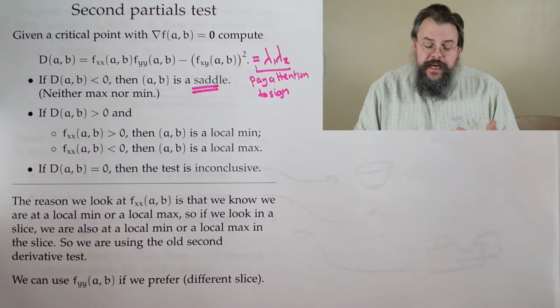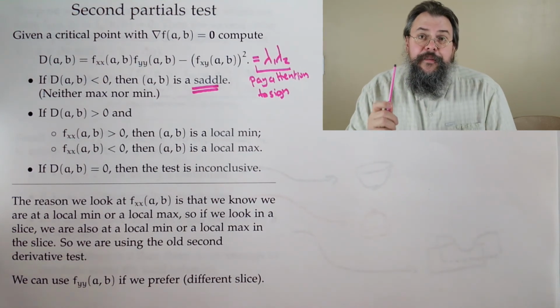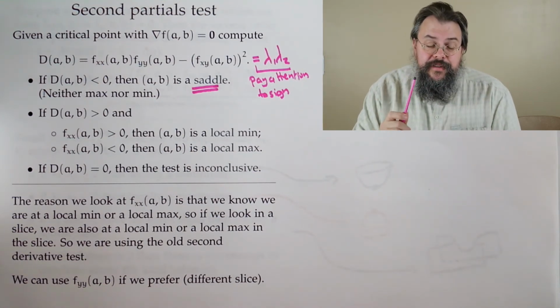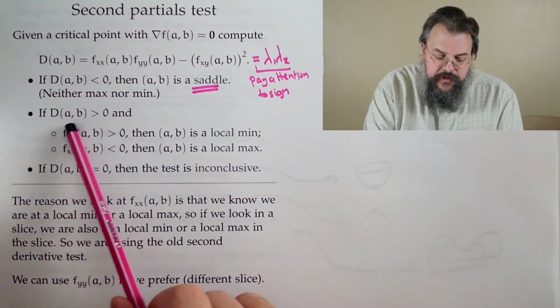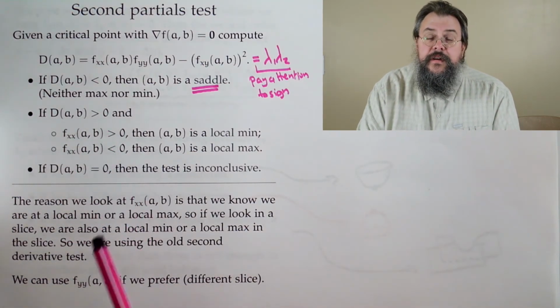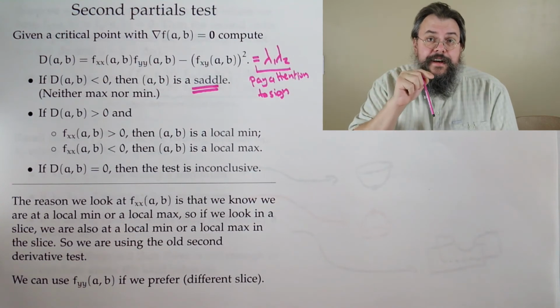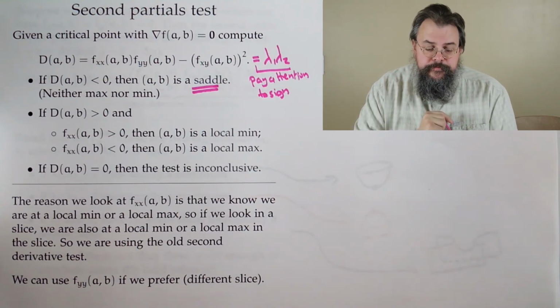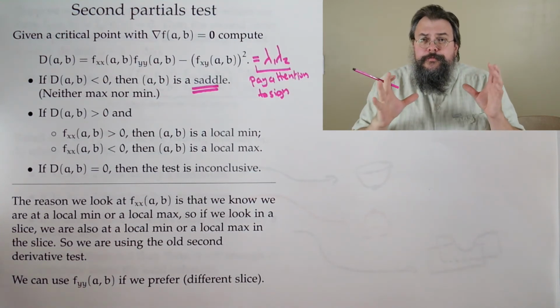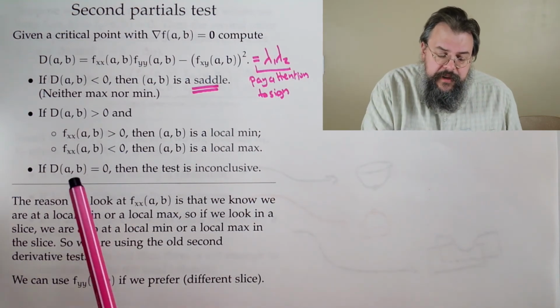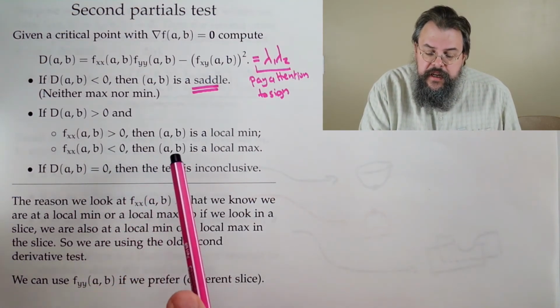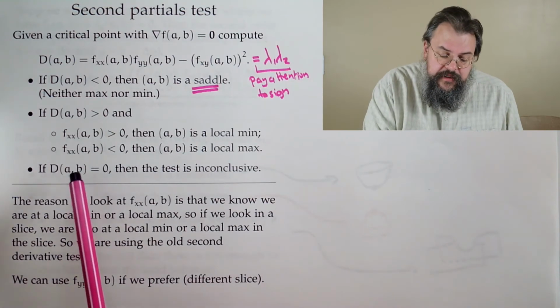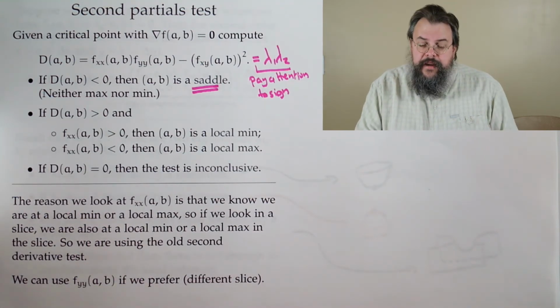The way we do that is we say, okay, if the result is positive, so in other words, this D expression is positive, now look at fxx. If fxx is positive, then it's a local min. And if fxx is negative, it's a local max.